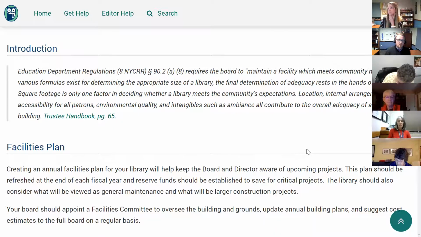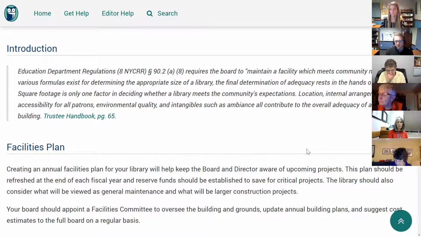So basically, this means that one of those broad responsibilities that the board looks at, the physical plant, is the responsibility of the trustees to make sure that A, it complies with minimum standards, and B, is considered a resource for your community. You can define that resource however you would like. This can be done through planning exercises. It can be done through chatting with your community. It can be done through the reflection of your own services and programs that you have at your building. There's a handful of ways that you can determine that.